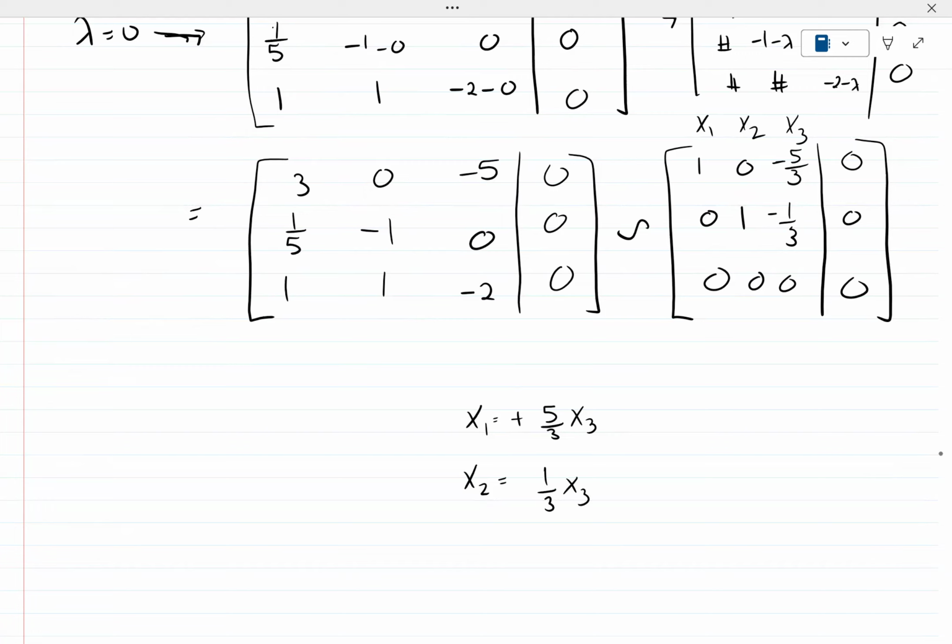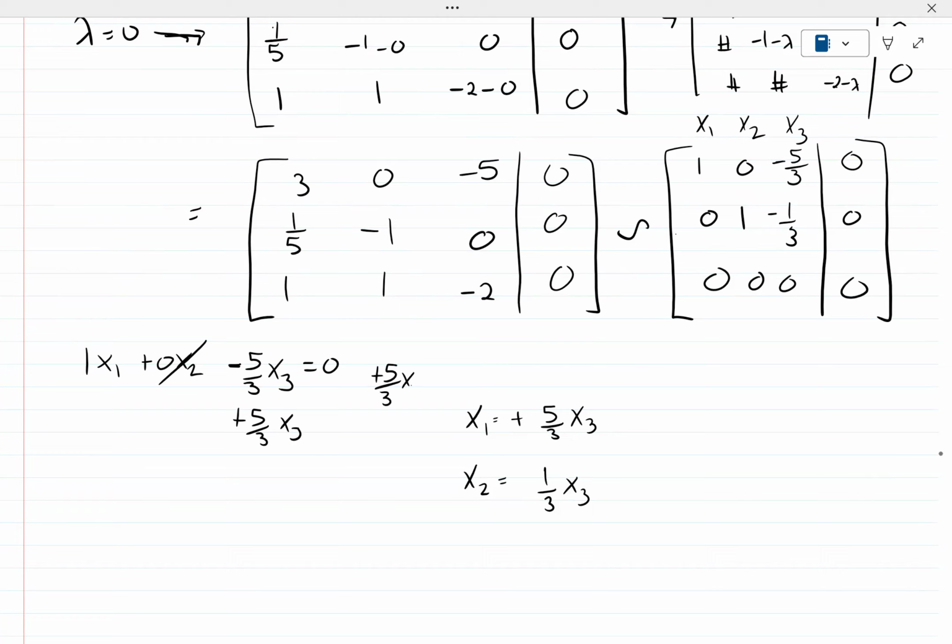So basically I'm kind of doing this. This right here is going to be 1x1 plus 0x2 minus 5/3 x3 equals 0. So what I did was I kind of did it in my head, this cancels, and then I just added 5/3 x3 to both sides. So that's how I got this.